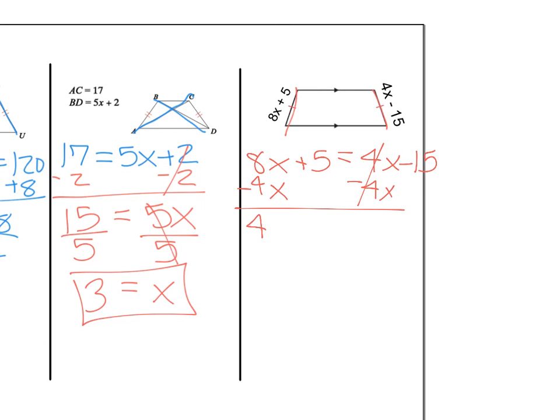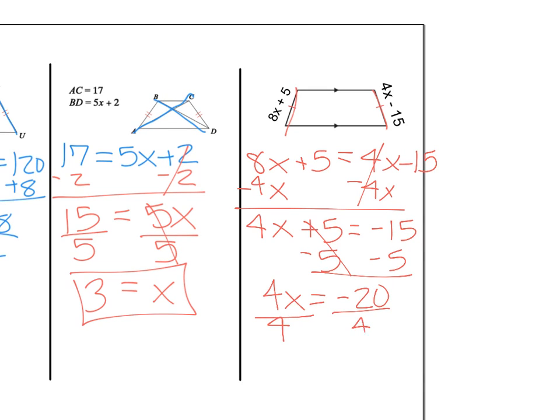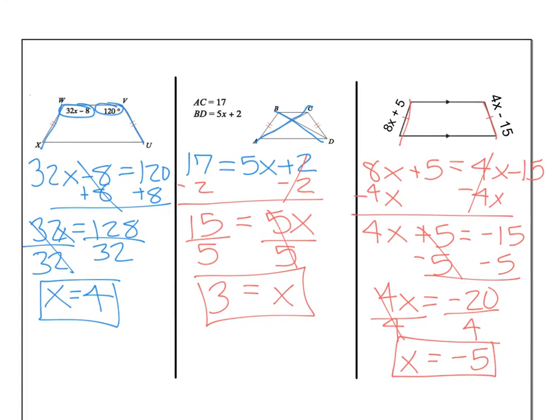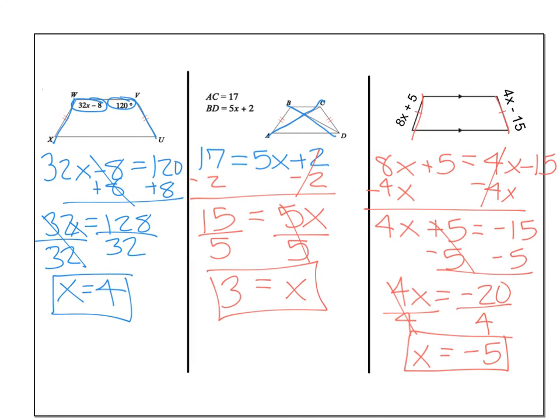So I have 4x plus 5 equals negative 15. Watch those signs. I'm going to subtract 5 from both sides. So I have 4x equals negative 20. Divide both sides by 4. I get x equals negative 5. All right, and that's how we would work with these properties in isosceles trapezoids.